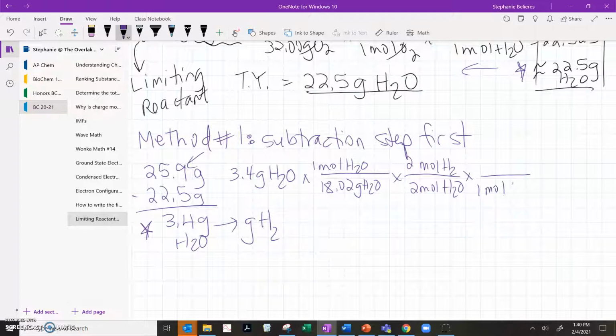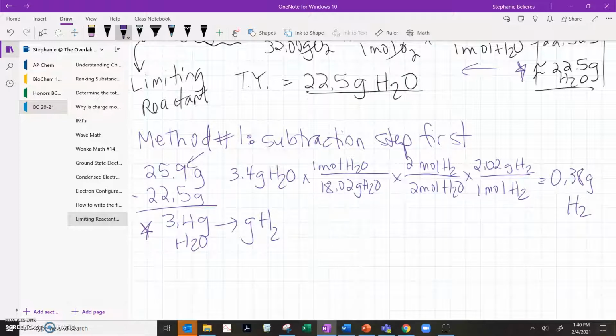Now, 1 mole of hydrogen for every 2.02 grams of hydrogen. And this is the amount that will be left over unreacted in that reaction vessel. And again, it needs to be to 2 sig figs, and this number is 0.38 grams of my excess reactant hydrogen.